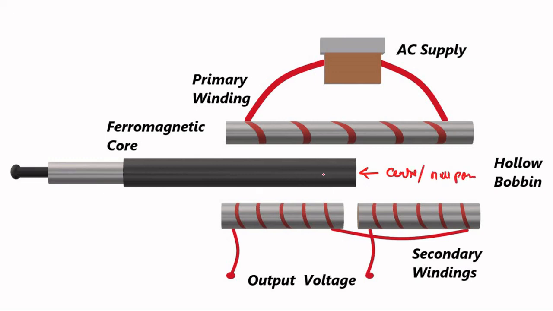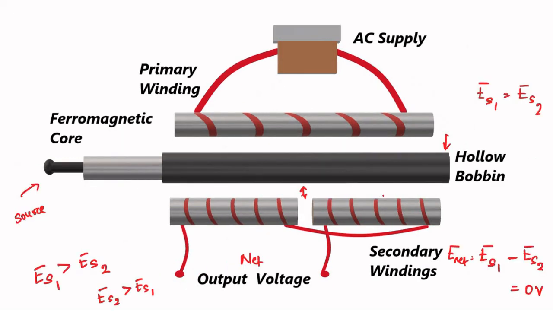In this case, both secondary winding potentials are equal and the net output is 0. When it moves to the right, it will produce a non-zero output depending upon the degree of coupling. And likewise, when it goes to this end, again it will produce a non-zero output but with the opposite sign.